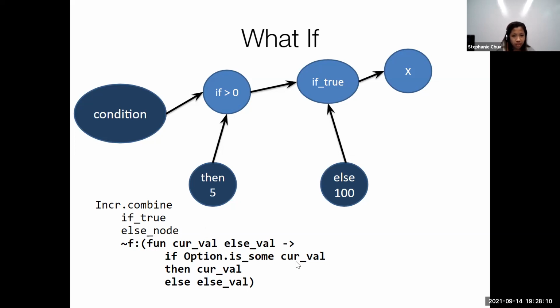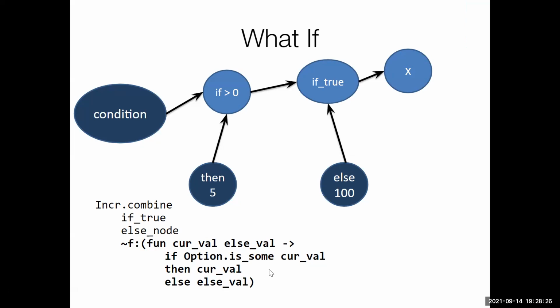If it has Some, then the condition must have been true initially and must have returned a cur_val. Otherwise, we just return the else_val. And so with our example here, we can now express our what-if graph statically.